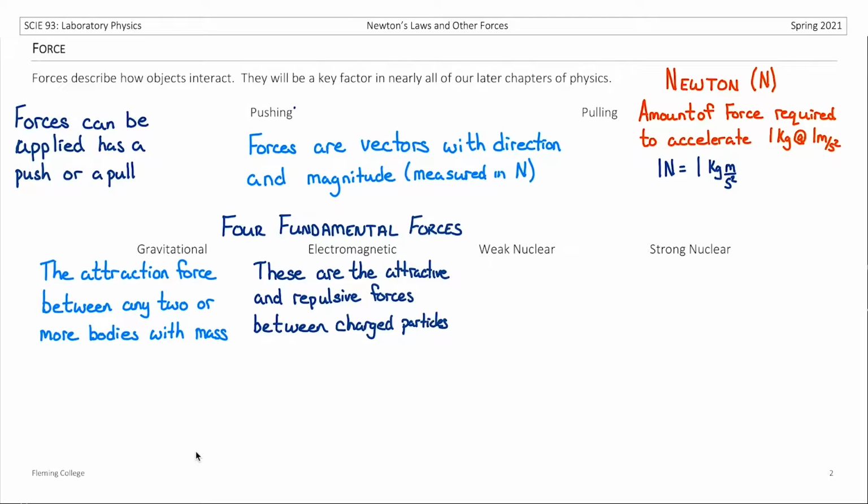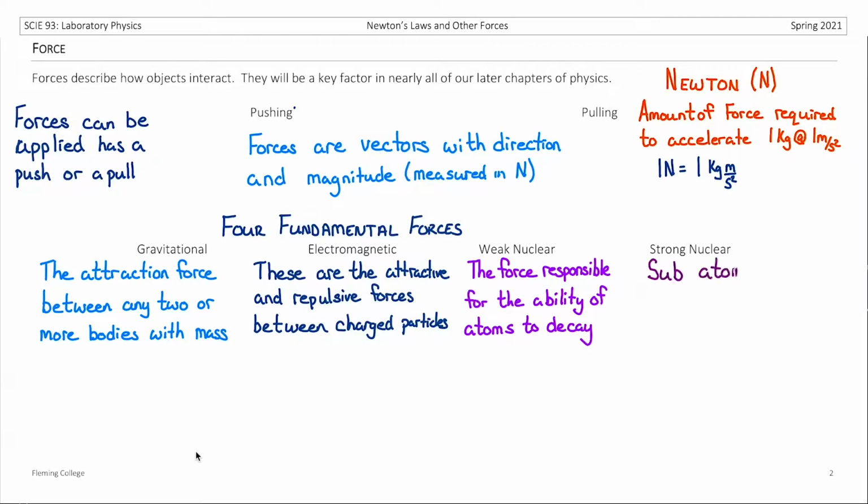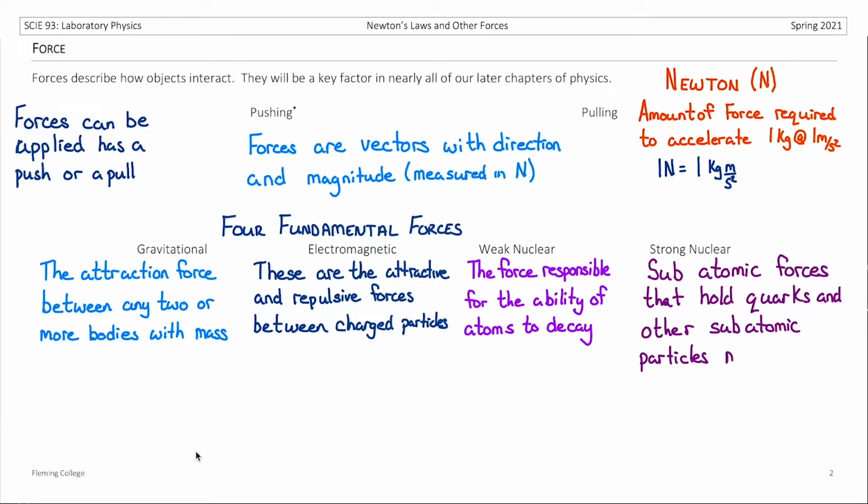The next type of fundamental force is the weak nuclear force. The weak nuclear force is responsible for the decay of atoms into other atoms. And the strong nuclear force is responsible for keeping subatomic particles like quarks near each other.